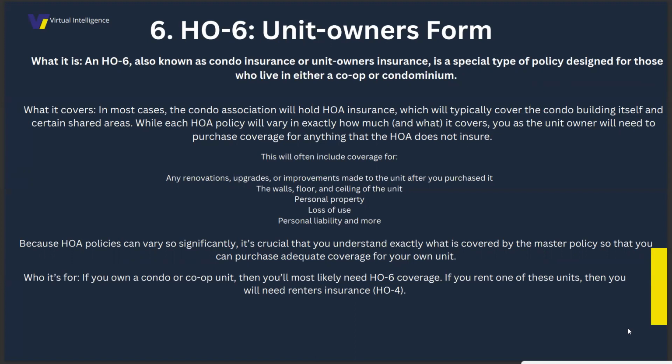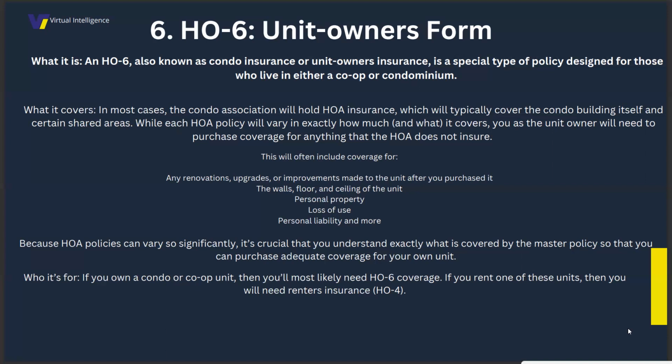In most cases, the condo association will hold HOA insurance, which will typically cover the condo building itself and certain shared areas. While each HOA policy will vary in exactly how much and what it covers, you as the unit owner will need to purchase coverage for anything that the HOA does not insure.